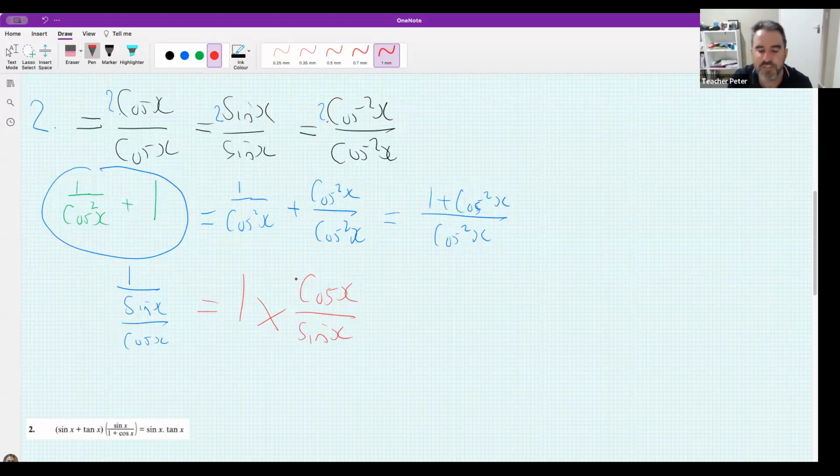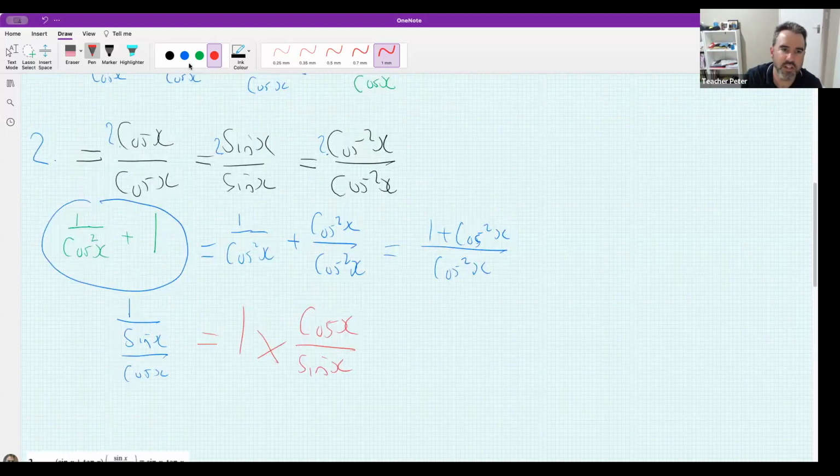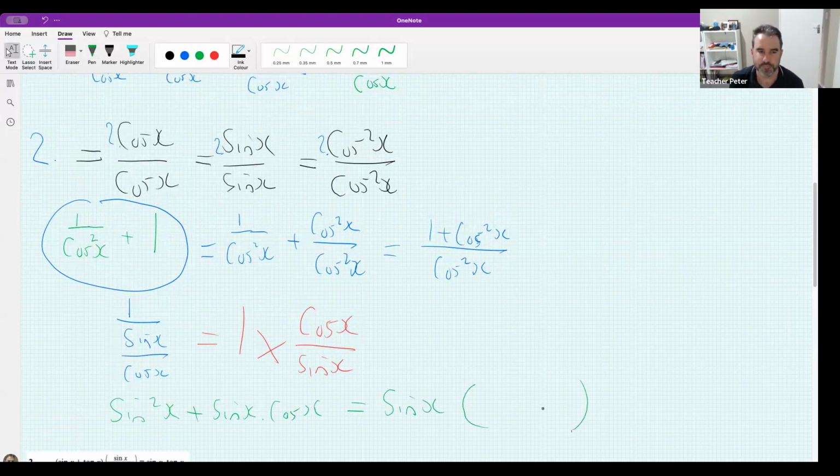And then there might be some other ones like factorizing. So you also need to know, if I say to you, this is sine squared x plus sine x cos x, if I wanted to factorize this, the common factor would be sine x. What do you think would go inside the bracket?